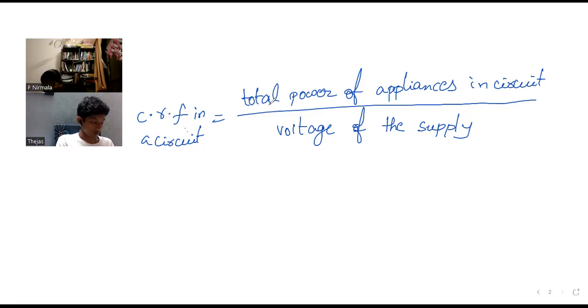Next, the reason for connecting the switch in the live wire. Why is the switch connected to the live wire? A switch should always be connected in the live wire, because the appliance needs the current, and the live wire is what gives the current.